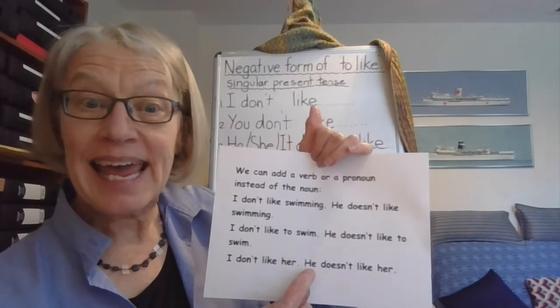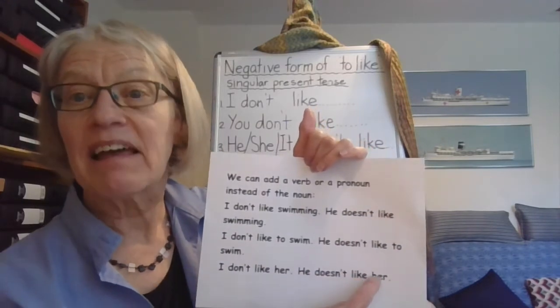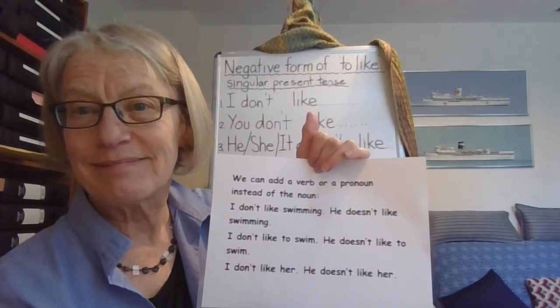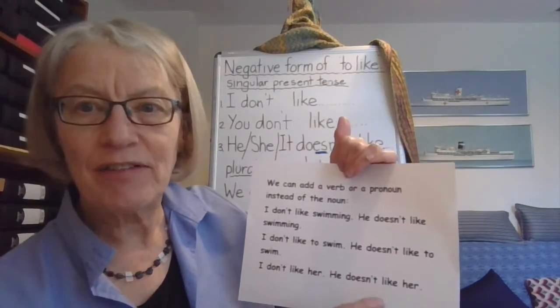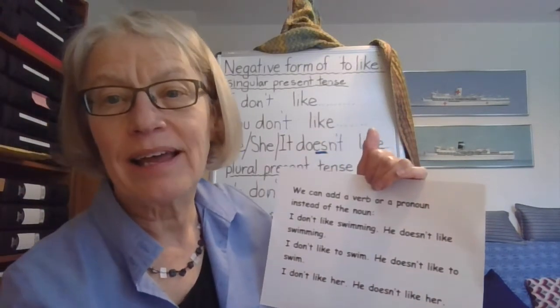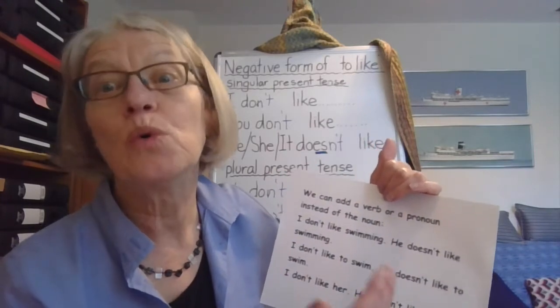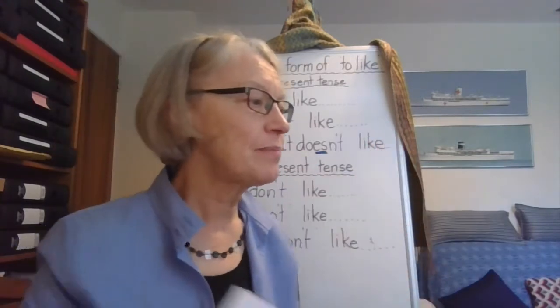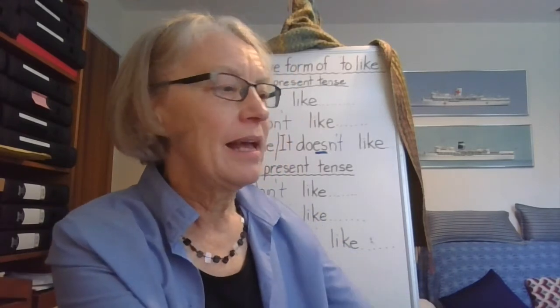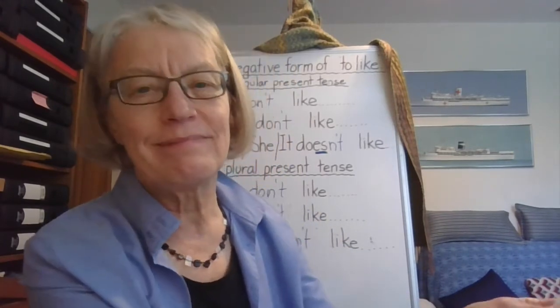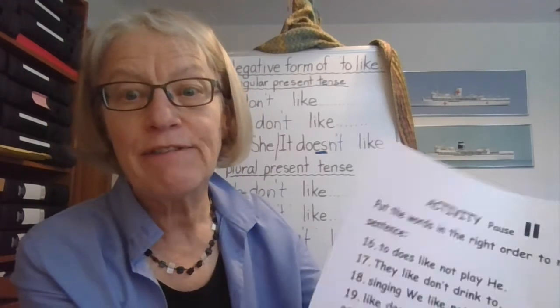Or we could say, he doesn't like her. So we can use a pronoun after I don't like or I do not like. Now then, this is another activity for you.